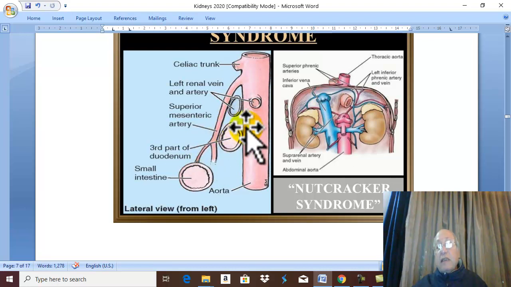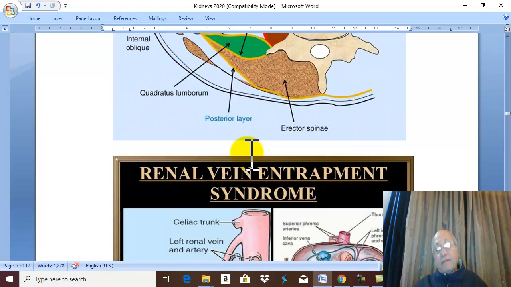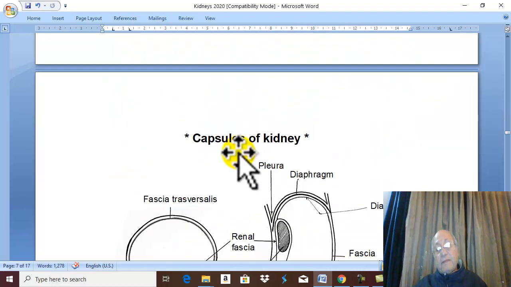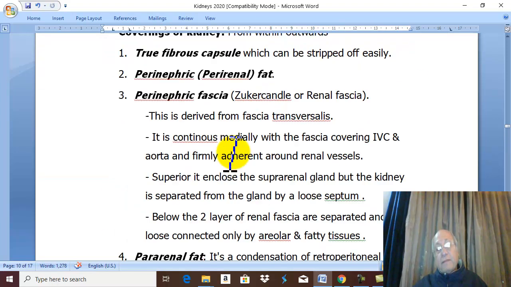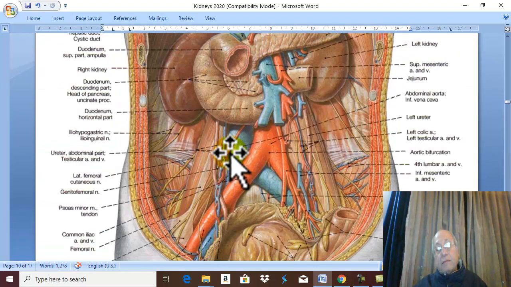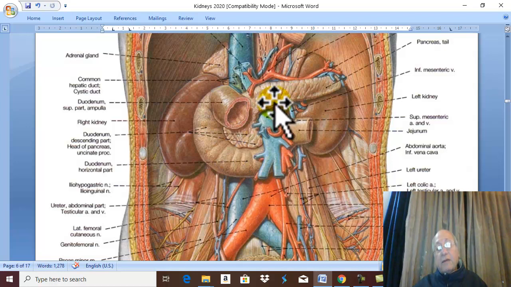And in between, in this interval, there are two structures: the left renal vein and the third part of the duodenum. Here, the third part of the duodenum is compressed in the same interval.